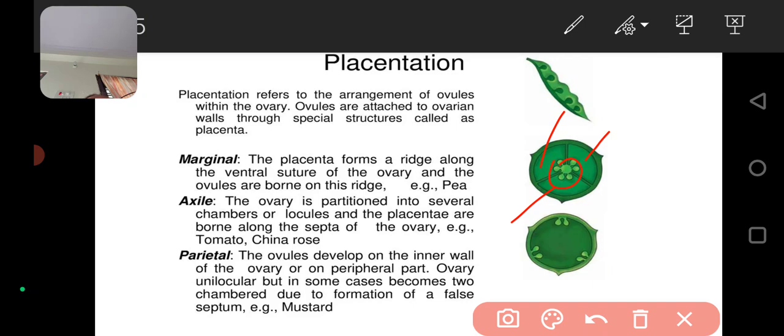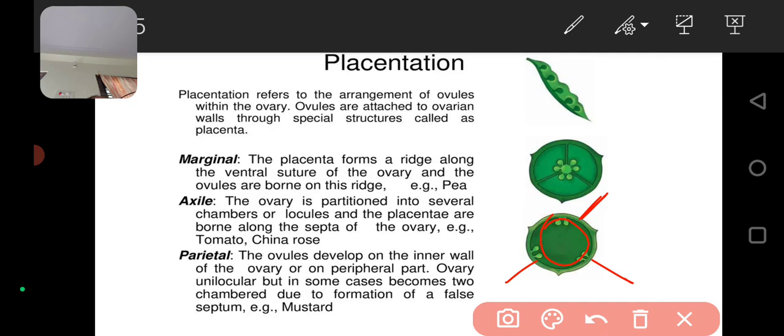The next one is parietal placentation. The ovules develop on the inner wall of the ovary, or in the peripheral part. The ovary is unilocular, with only a single locule, but in some cases it becomes two chambers due to the formation of a false septum.